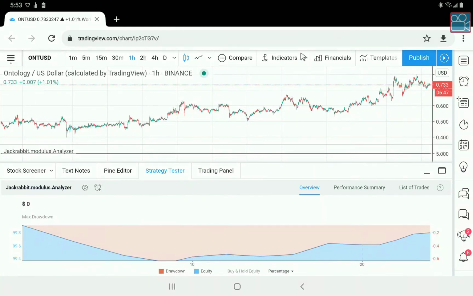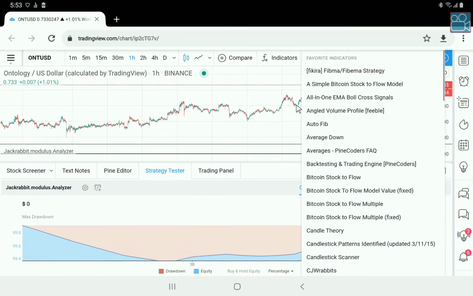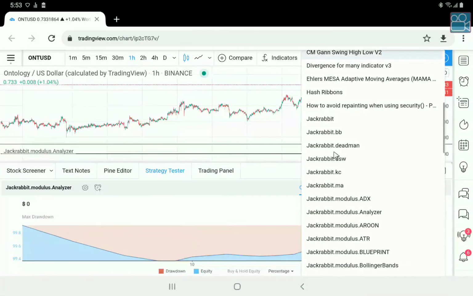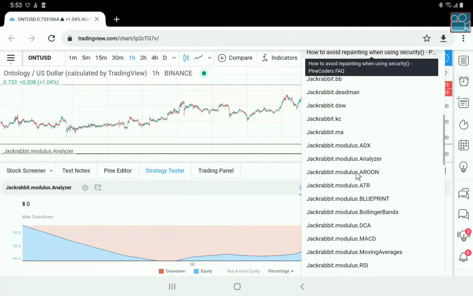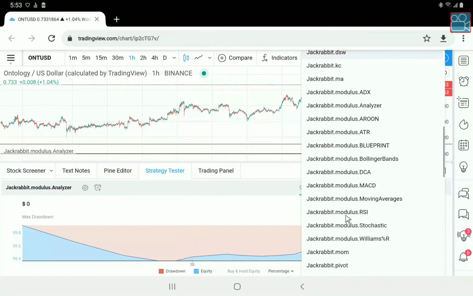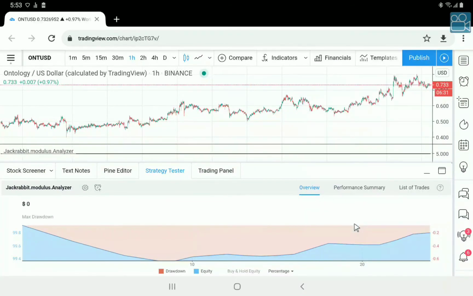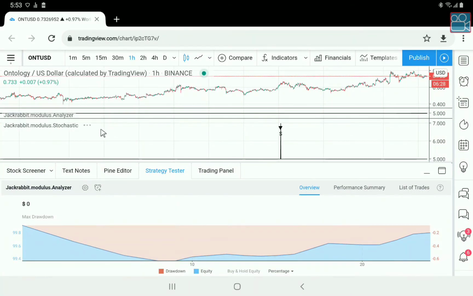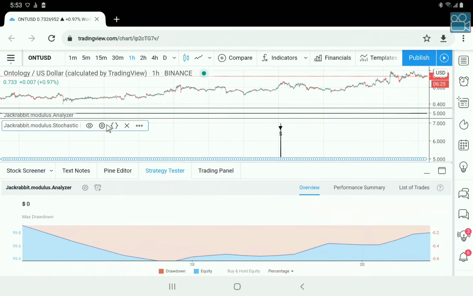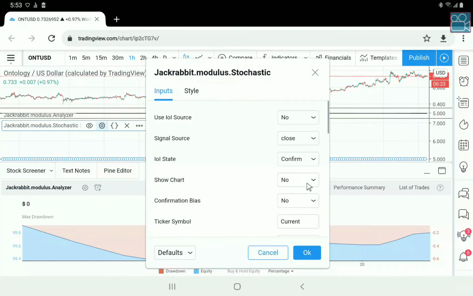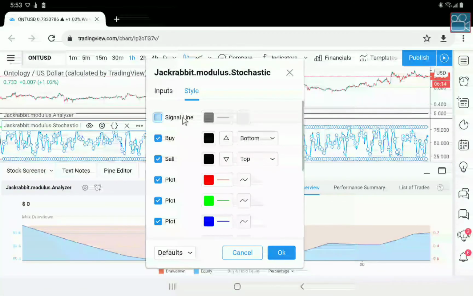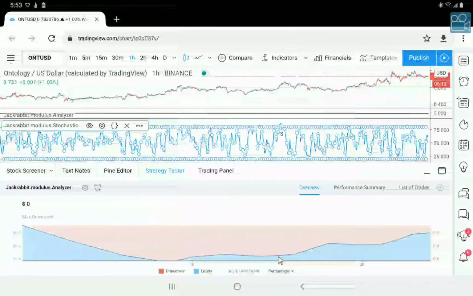Let's try again. Oh, let's go with... I've heard people say that stochastic and RSI work well together. Let's see. We have the stochastic. Let's turn on the chart. Let's go over, turn off the signal line. Let's load an RSI.